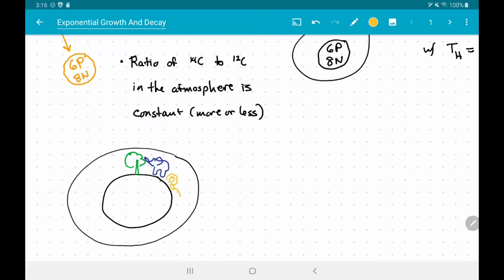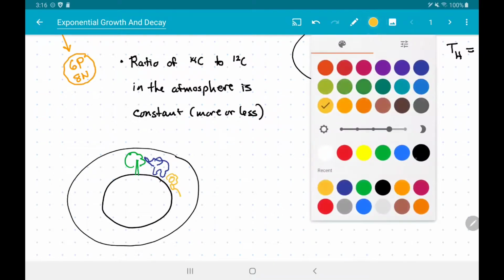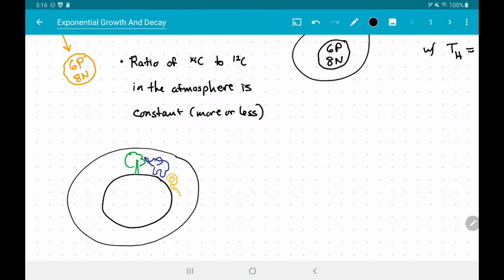Any carbon-14 that was already in the body is going to decay without being replenished from prey, from trees, from other plants, from the atmosphere. So what that means is that if you know what the equilibrium ratio of carbon-14 to carbon-12 should be, and you can find a bit of organic matter, so wood or maybe some seeds or some food residue, you can look to see how much of the carbon-14 has decayed.